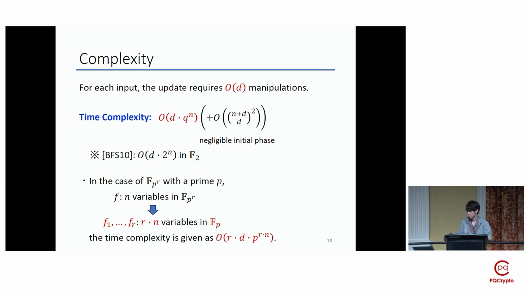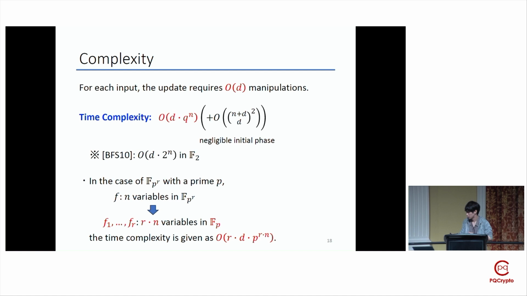And so the time complexity of our proposed algorithm is given as order D times q to the n, plus the complexity of the negligible initial phase, order n plus d choose d squared. From this complexity, we can say that our proposed algorithm is equivalently efficient to the enumeration algorithm of Boyer-Get et al.